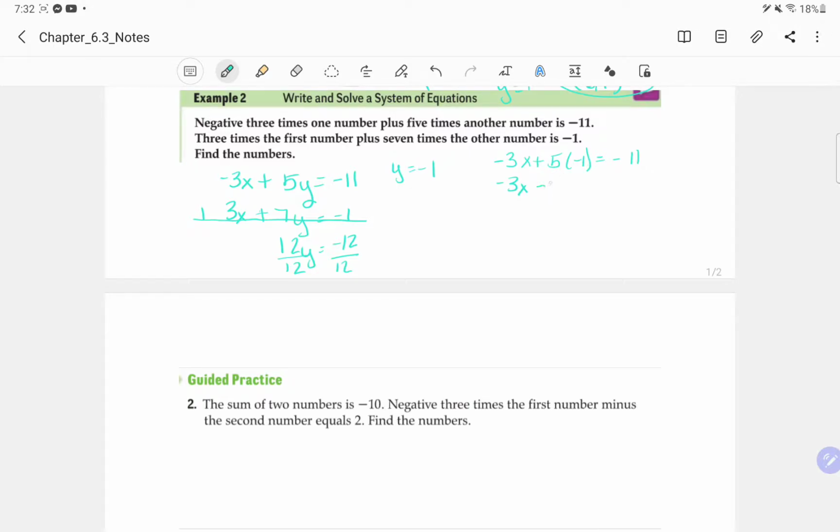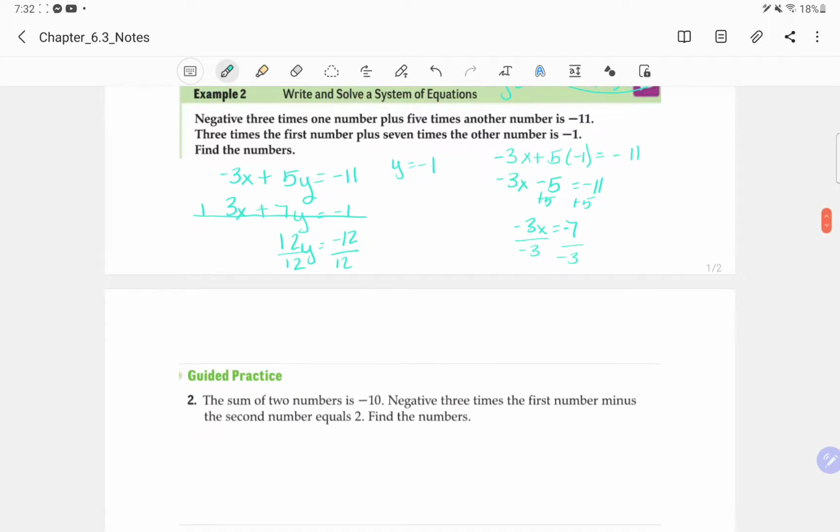Negative 3x plus 5 times negative 1 would be negative 5 equals negative 11. Add your 5. You get negative 3x equals negative 7, sorry. And then you divide by negative 3, and you get x is equal to positive 7/3. Okay?